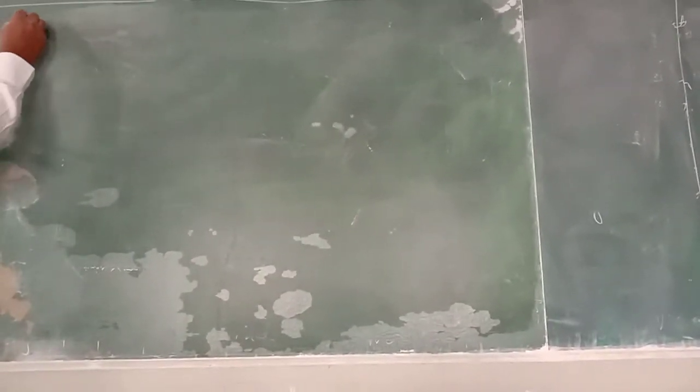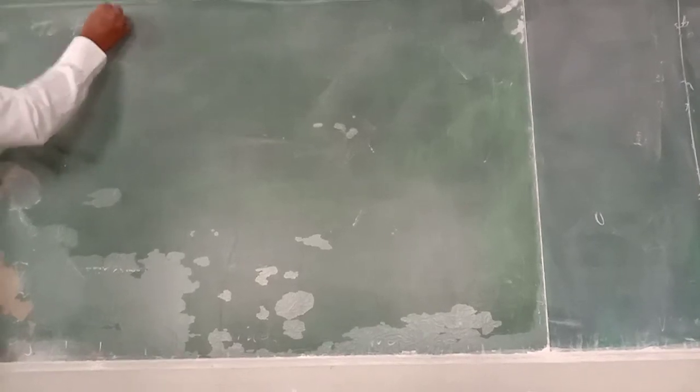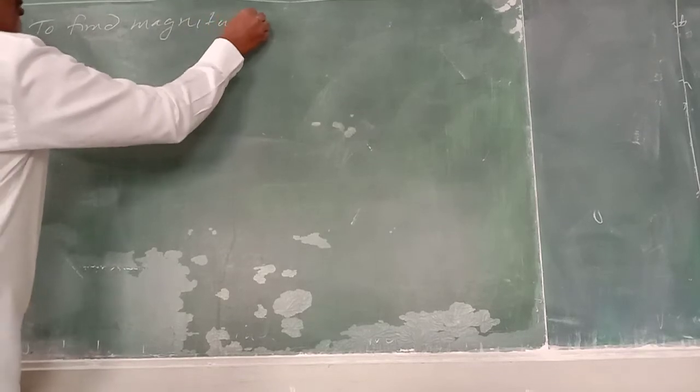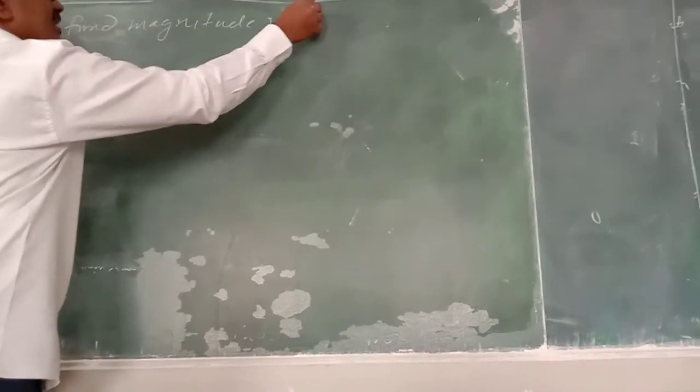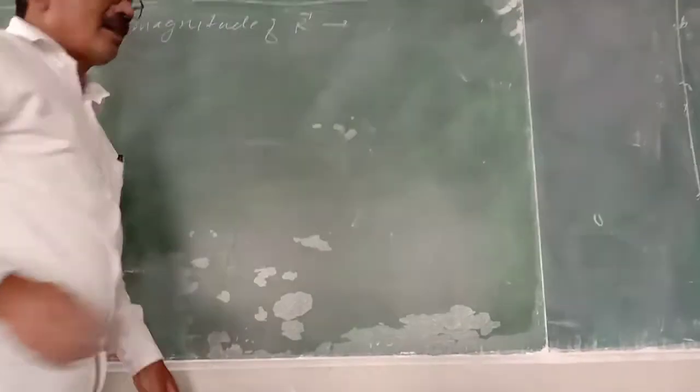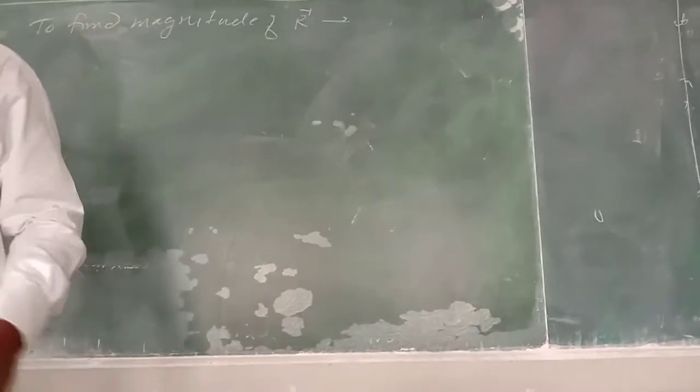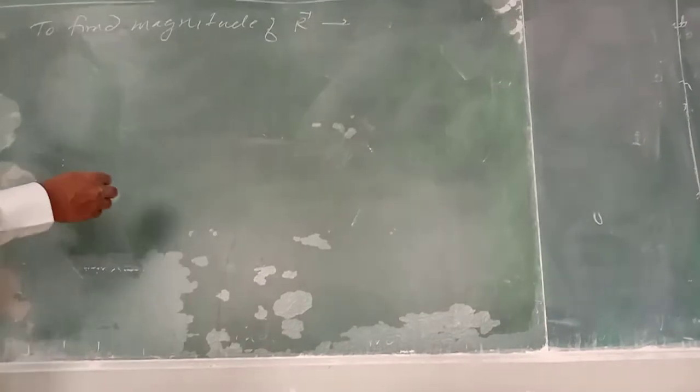the magnitude of the resultant R. How to find this magnitude? First of all, consider two vectors.